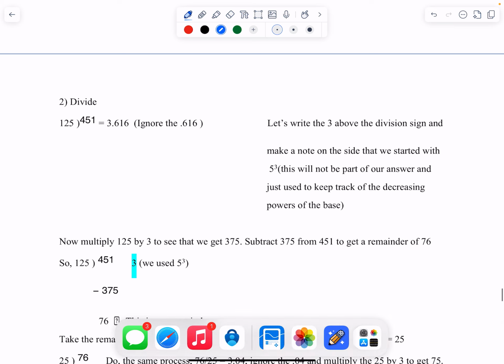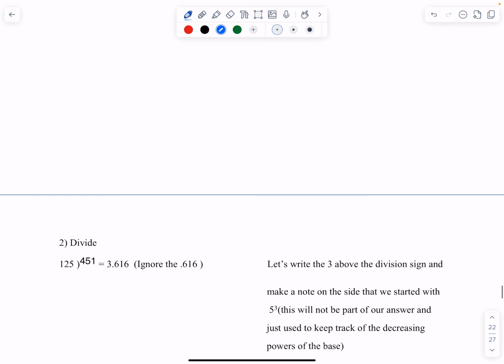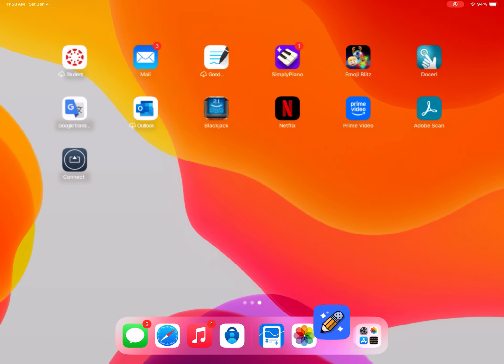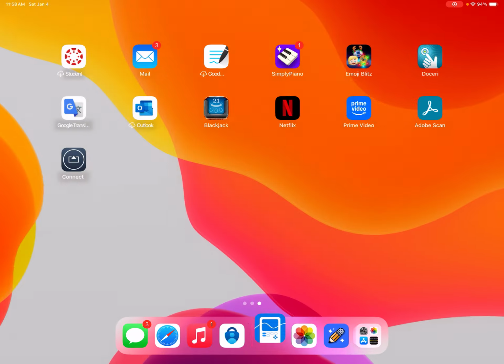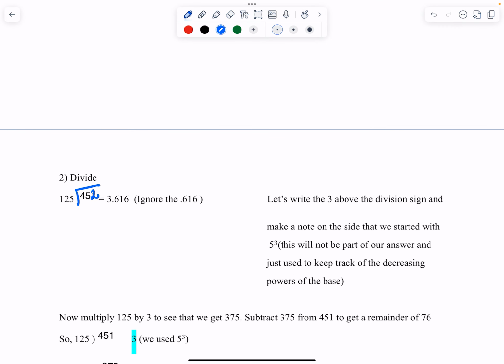When we take 452 and divide it by 125, let's fix the notes. It should say 452 divided by 125. Let's see what happens. 452 divided by 125, I get 3.616. So let's go back here. 3.616. Okay?